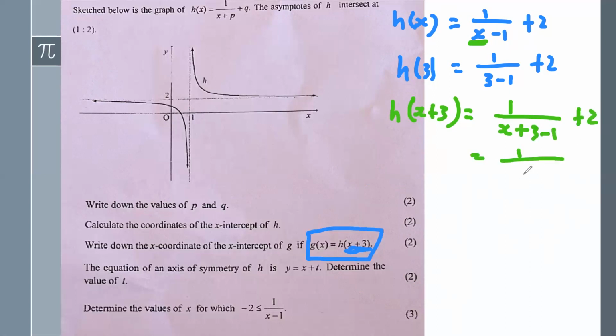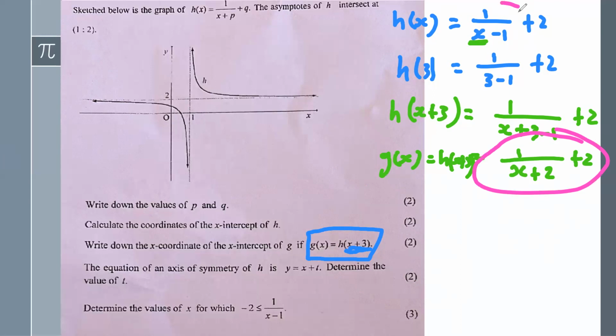So this will be x plus 2, plus another 2. So remember, this is what g of x is, which is defined in terms of h. Now, if I were to compare this function and that function, what has happened here?